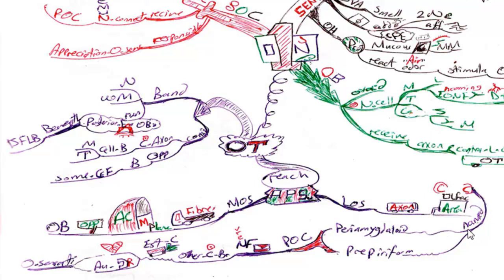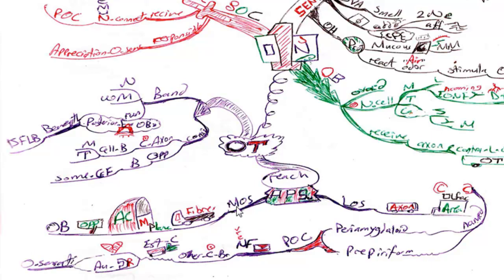From there we have two places, the prepiriform and the periamygdaloid, which compose the primary olfactory cortex. The primary olfactory cortex sends nerve fibers to other central brain areas to establish connections for the emotional and autonomic response to olfactory sensation.